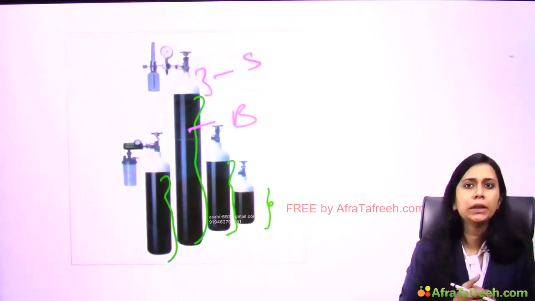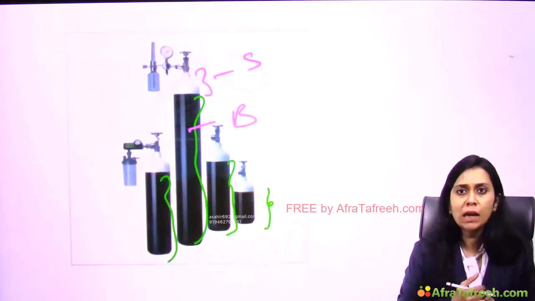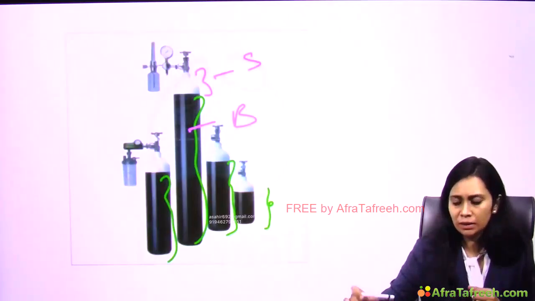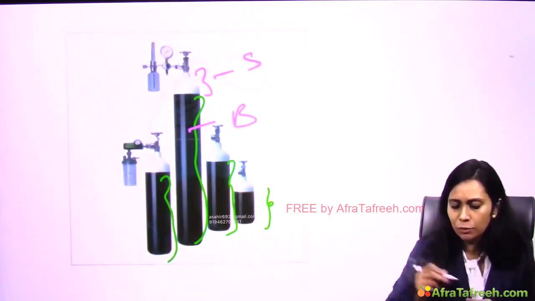People were making mistakes. We needed a foolproof mechanism to prevent this mistake. So to prevent this mistake, a very important thing was established, something called the pin index system. Let us first know about the pin index system, then we will come back to nitrous oxide.